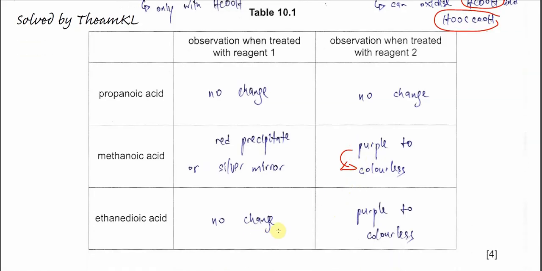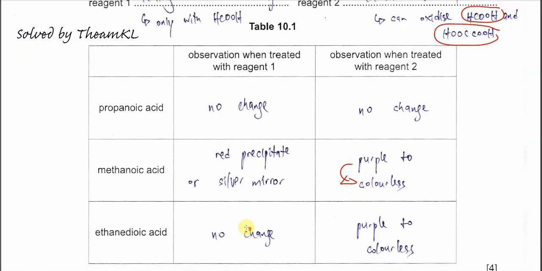The ethane dioic acid will not react with Tollens' and Fehling's because there is no aldehyde group there, and it can be oxidized by KMnO4, so it goes from purple to colorless. The KMnO4 changes from purple to colorless, from +7 to +2. Okay, so by using these two reagents, the acid that shows no change for both reagents must be propanoic acid.